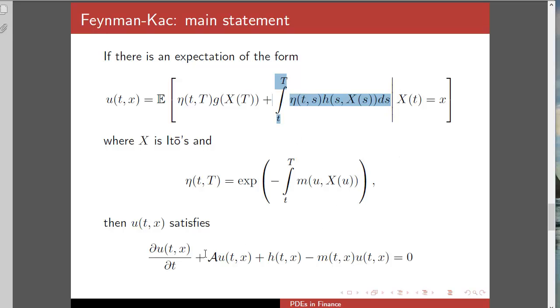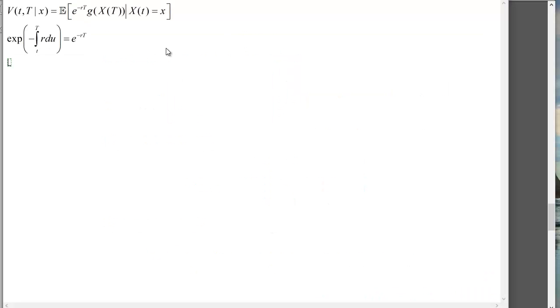So how does the PDE look in the Black-Scholes? Well, using this result here that's directly provided by Feynman-Kac, we just simply have, and now we take the partial with respect to t, then according to Ito's lemma, we take the partials with respect to the spatial variable, which is the stock.